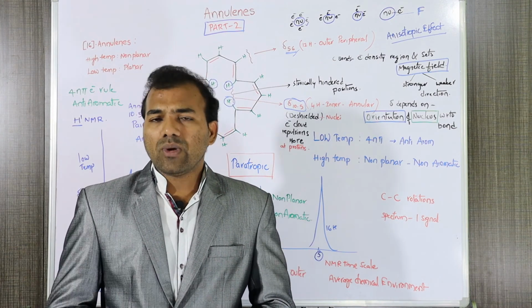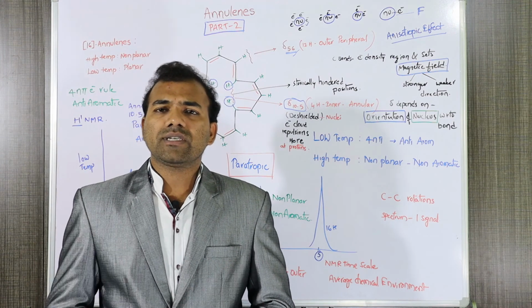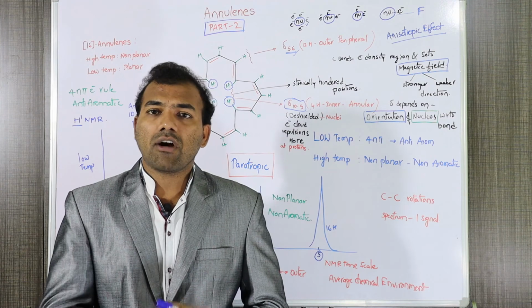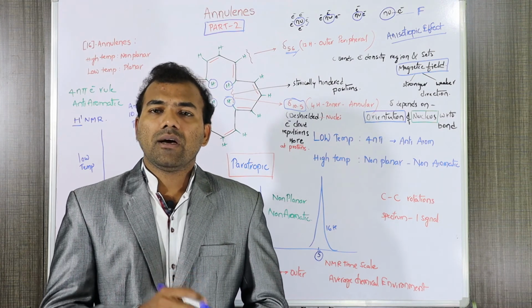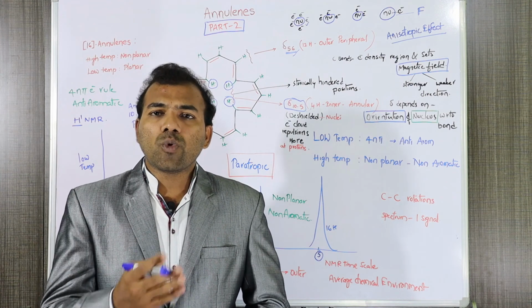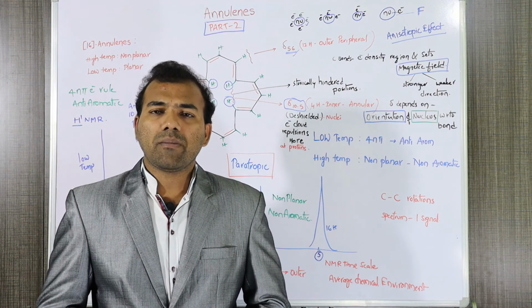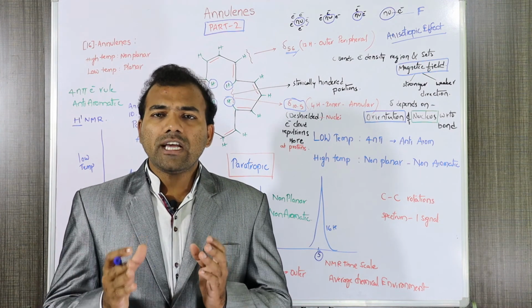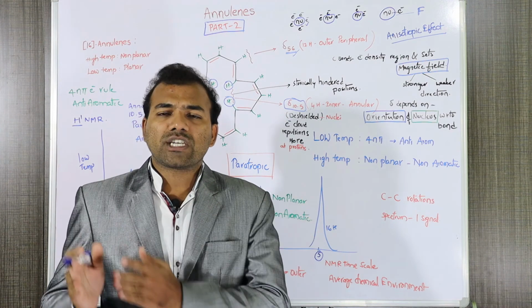In the case of annulenes, from 14 onwards, only through the spectral studies do they determine the aromatic nature of these annulenes. But for more than 20 annulenes, these studies are very poor at determining aromaticity. So mostly from 10 up to 20.